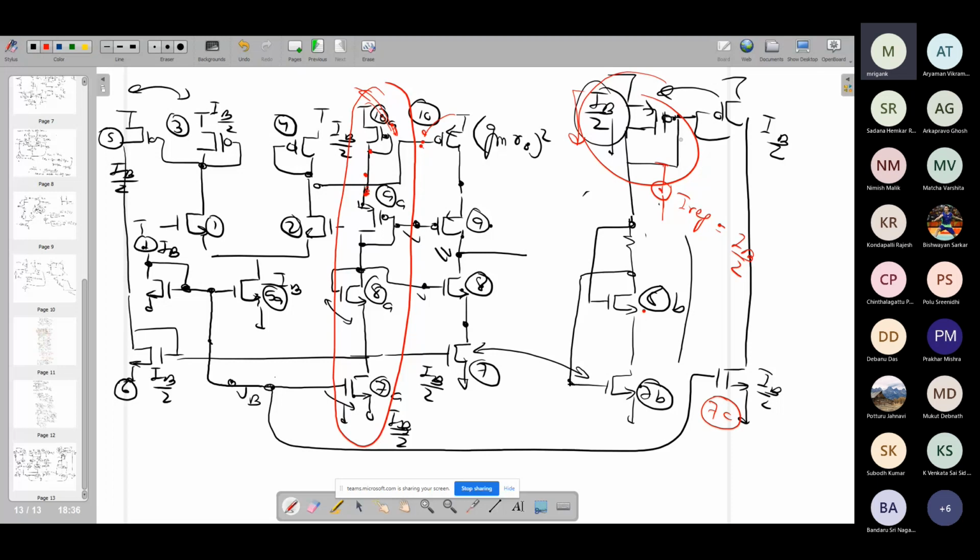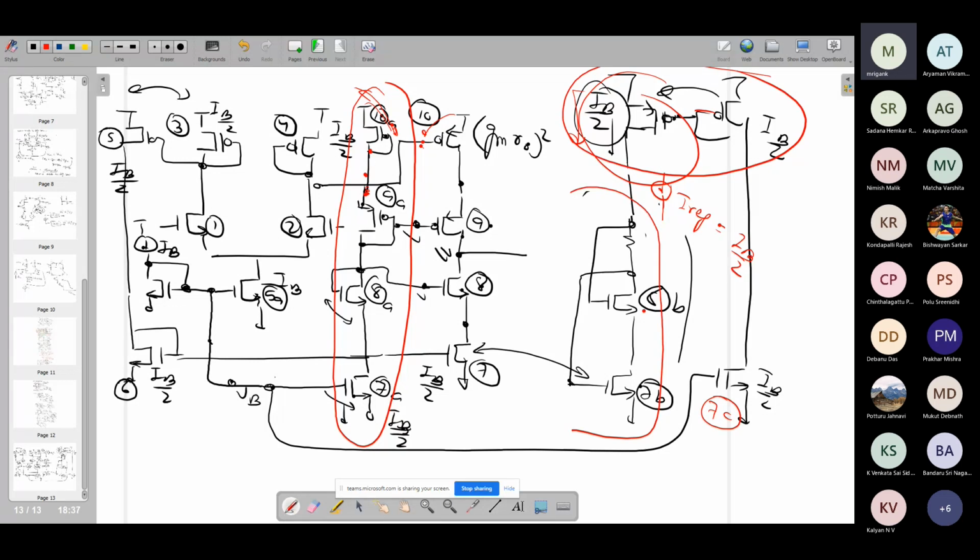So this is just providing the current. Again, the diode connected, I have to remove this one. So this is just providing the IB by 2 current to this mirror branch, right? This is just like our cascode current mirror with reduced swing. This part is the mirroring branch. This is just helping us get that IB by 2 from the top.